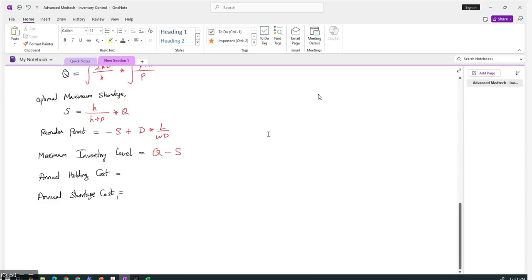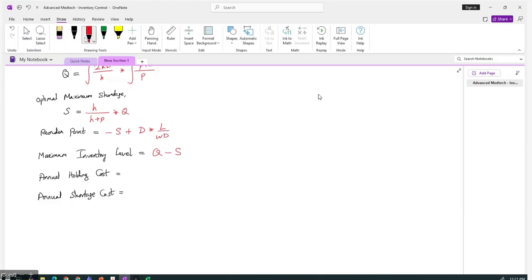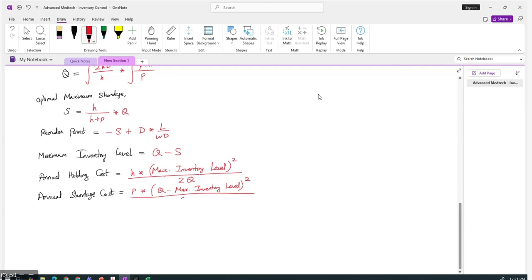So if that is the case, the annual holding cost becomes H into the maximum inventory level whole square, divided by 2 into Q. And the annual shortage cost will be P into (Q minus the maximum inventory level) whole square, divided by 2 into Q.